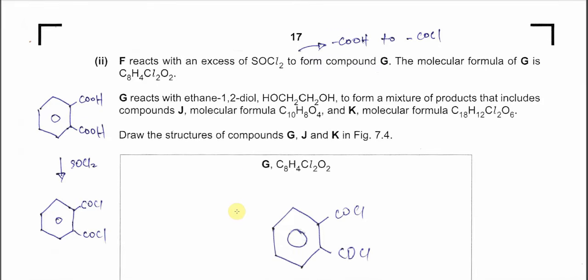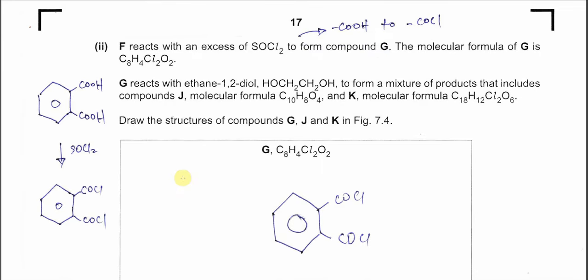Okay, part 2. The F reacts with excess SOCl2 to form compound G. The molecular formula of G is C8H4Cl2O2. This one is quite straightforward, quite easy, because it's this dicarboxylic acid. The OH group will be substituted by the chlorine once we use the SOCl2.